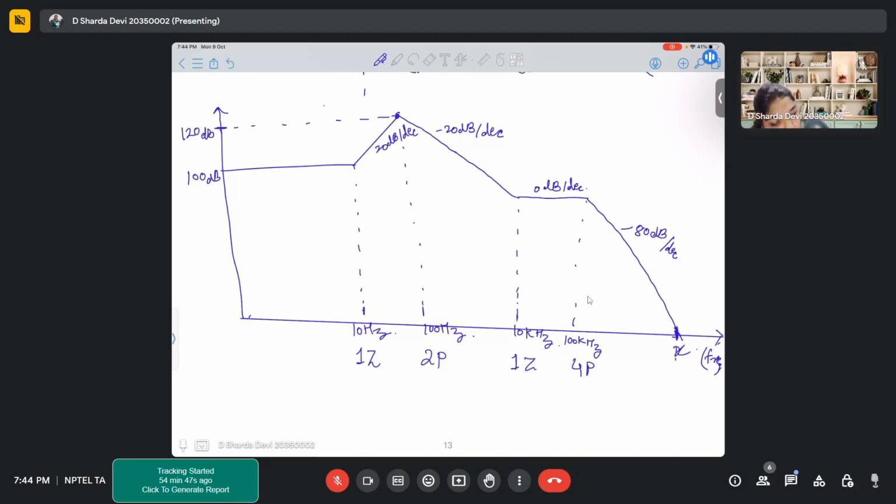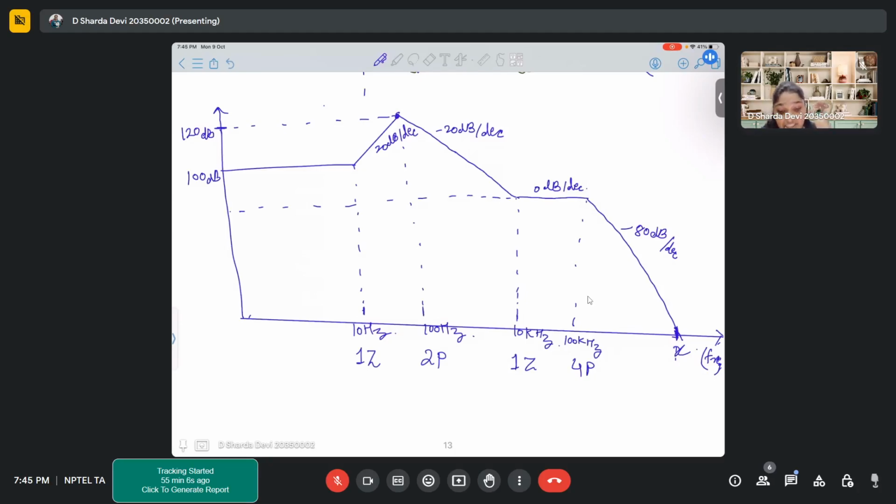Correct? Now, what about this point? How much is the frequency change? 40 dB. 2 poles are changing, no? No. Wait. So here, 100 hertz to 10 kilohertz.